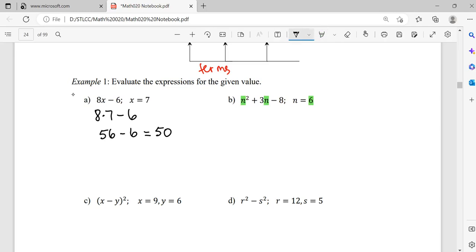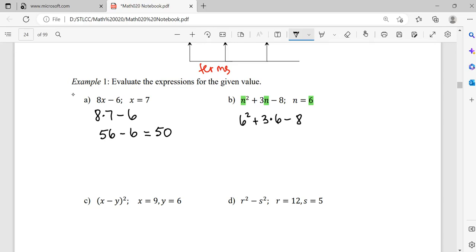So let's rewrite our problem using the given value. I have 6 squared plus 3 times 6 minus 8. Okay, so I replaced my variable with a given value.